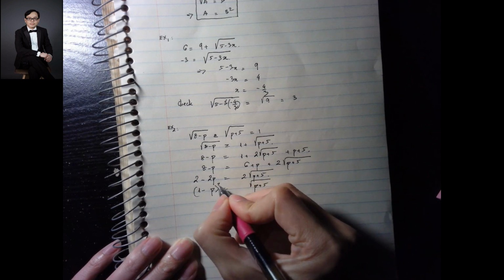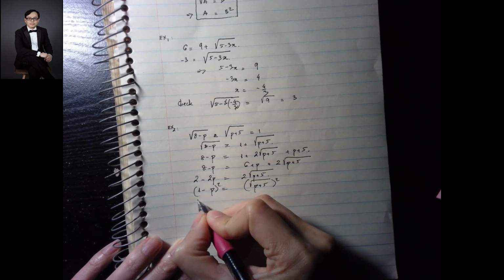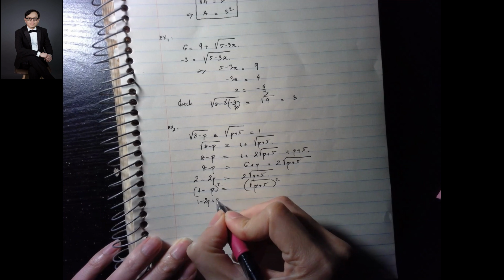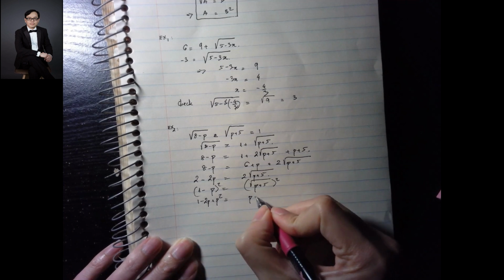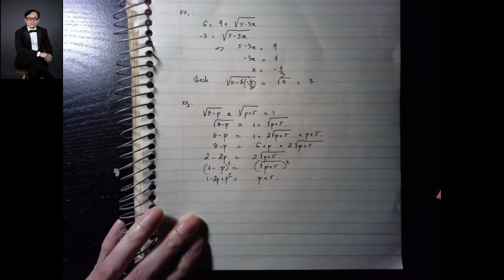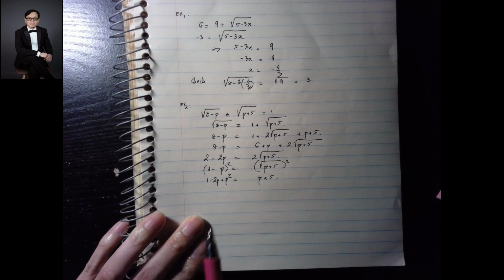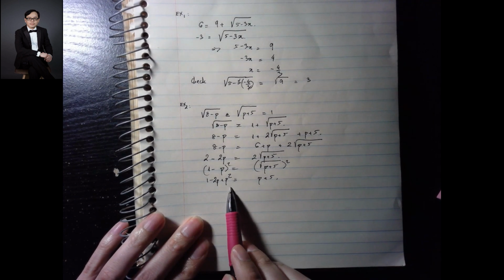Then I square both sides, which gives you p squared equals p plus 5, and it looks like we're going to have a quadratic equation, right? Because this is a second degree term right here.